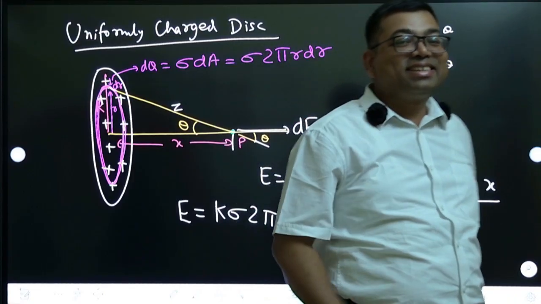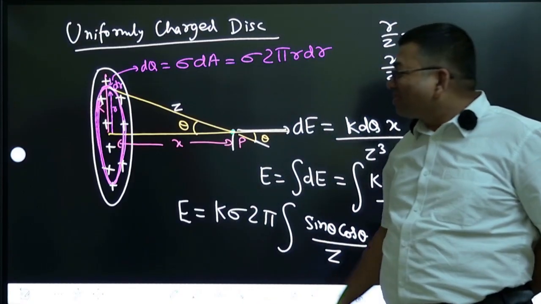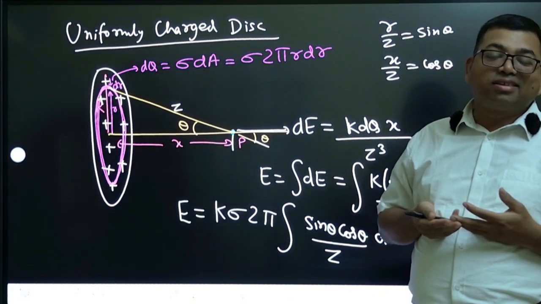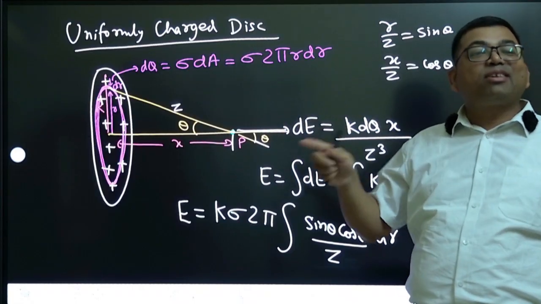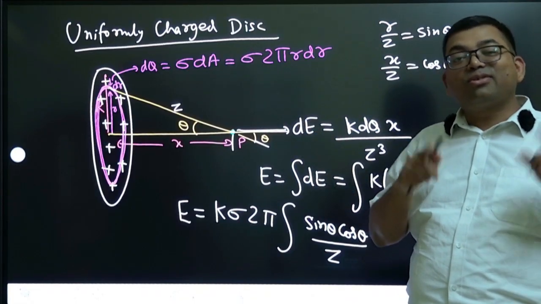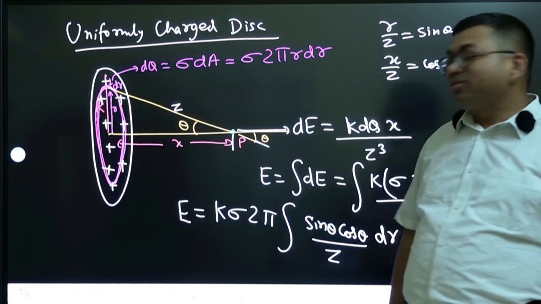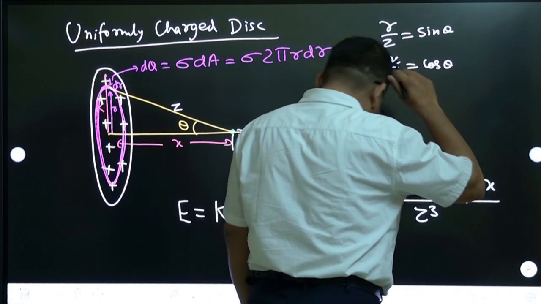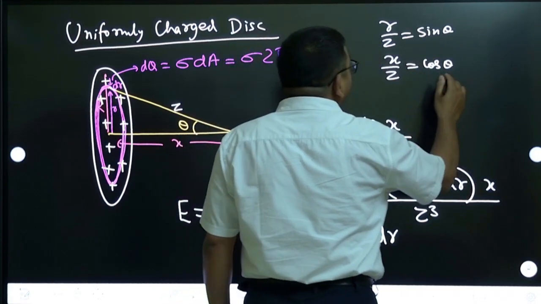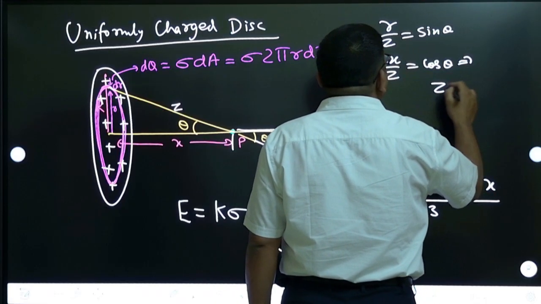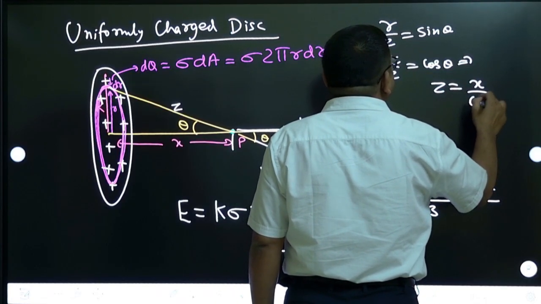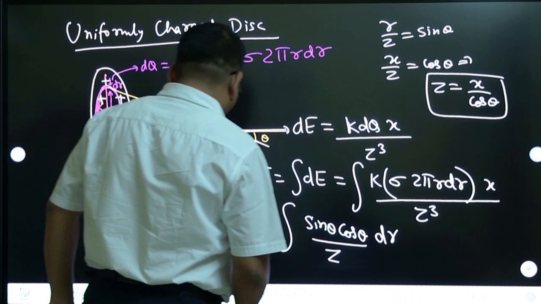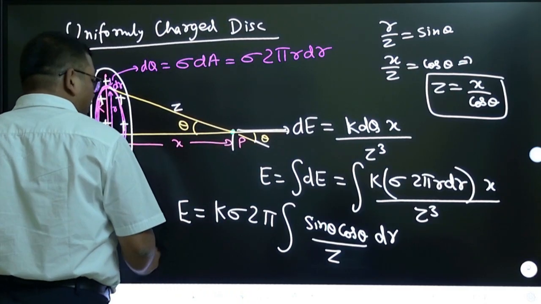Why is x constant? Because this point is fixed where you are calculating the field due to the entire disk. So for any small ring you take, this x is constant. So try to bring it in terms of x. We can write z in terms of x as x by cos theta. So let us do that. We will substitute z. Can we do that?